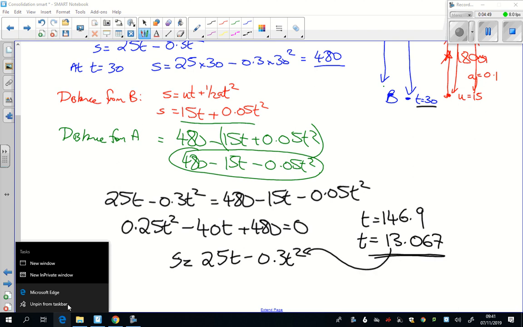Put that value in here and we get that they meet at 275.45 meters from A. And you could check this if you put this value back in, or put it all the way back in this sort of distance from B question in there. You'll find out that that distance plus that adds up to the 480 that you had earlier. A lot of thinking there in part B.